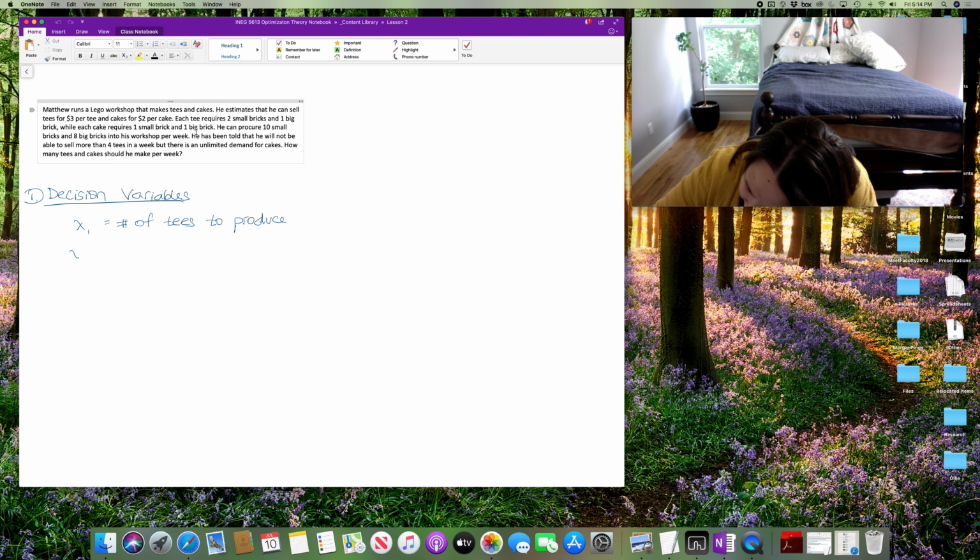And then we also have x2 is the number of cakes to produce.